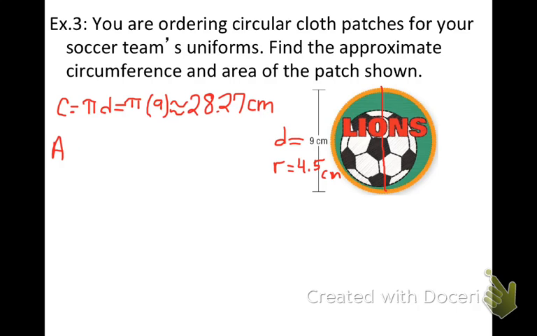And the area of the patch, pi r squared, is going to be pi. Now the r is the 4.5, so we're going to multiply pi times 4.5 squared, and that is approximately 63.62 square centimeters.